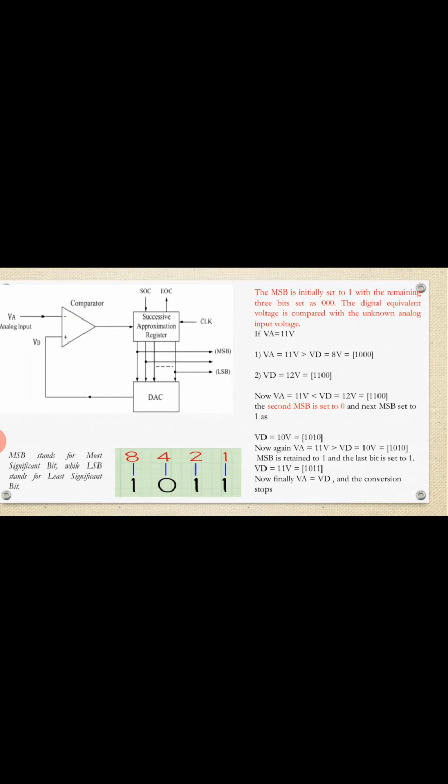I repeat here, if VD is less than the analog VA, then it will be set to 1. In the reverse manner, if the analog voltage is greater than VD, then it will be set. Okay, I will conclude here.